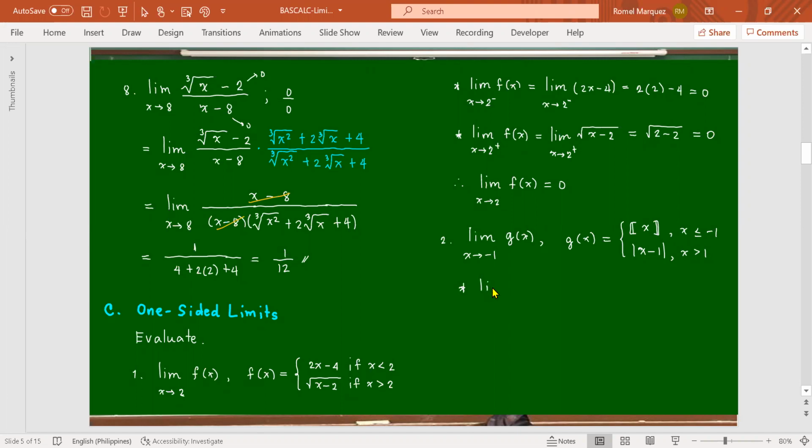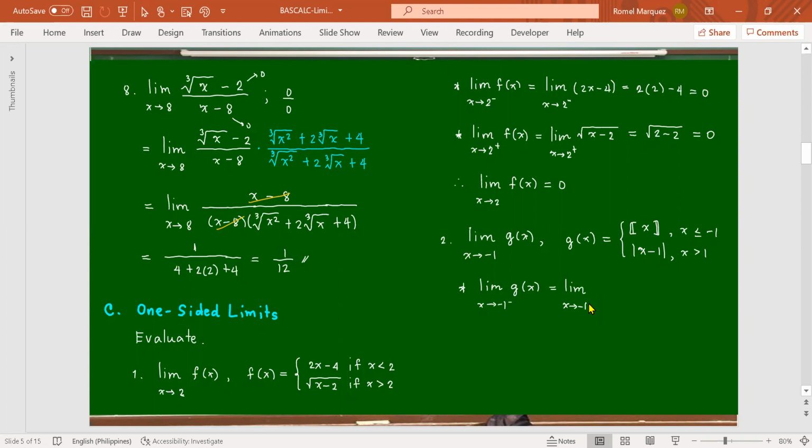Let's evaluate first the limit of g of x as x approaches -1 from the left. So from the left, what am I going to consider? Limit of what?